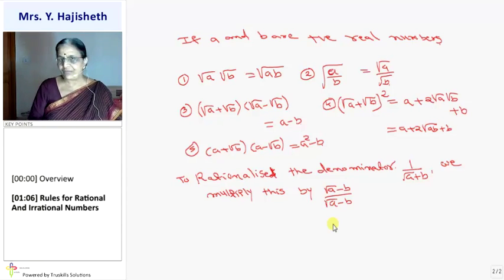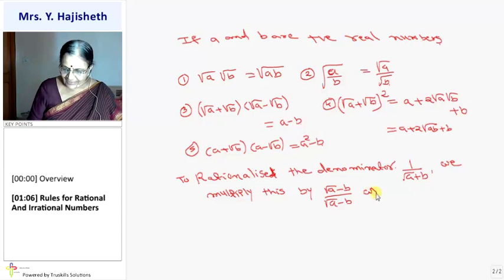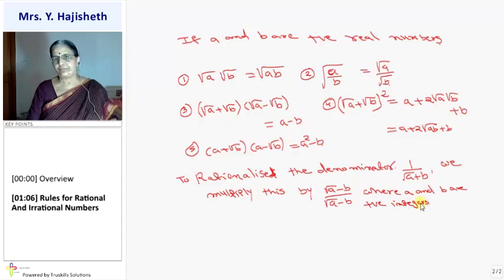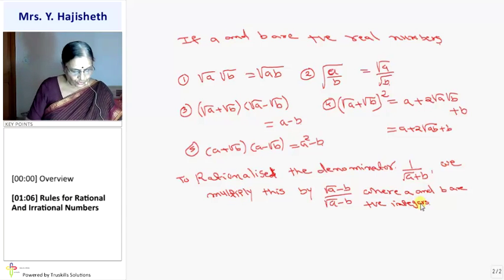And to multiply any number with 1 is my birthright, because 1 is the multiplicative identity, where A and B are positive integers, okay? So if I rationalize, what will be the new answer?